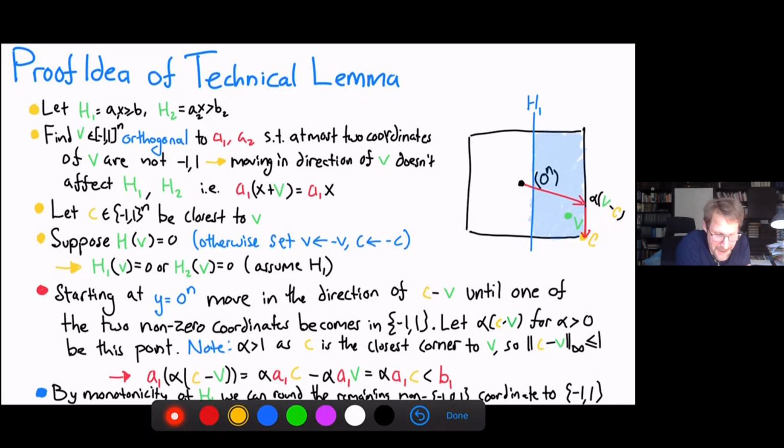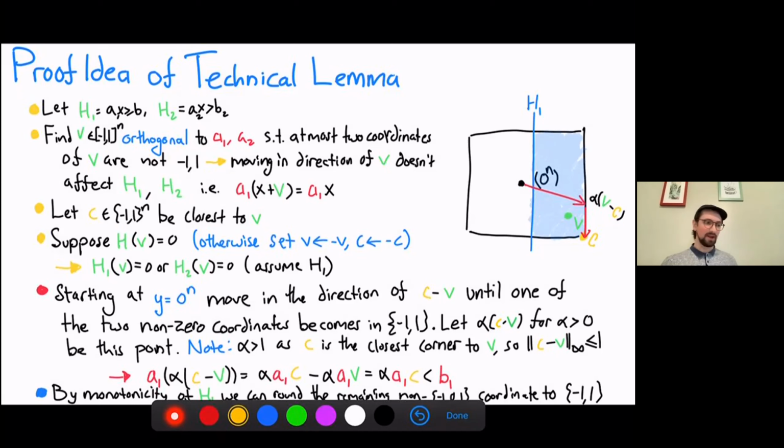So let's leave it. Yeah, I mean, I think that is right. I think you are rounding the one with the highest coefficient in this c minus v vector, basically. And then the last coordinate can just be rounded by using the monotonicity of h.